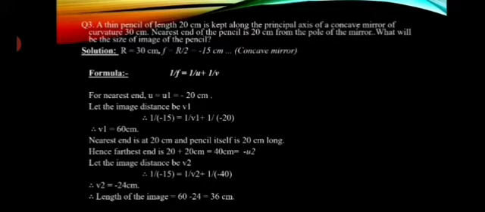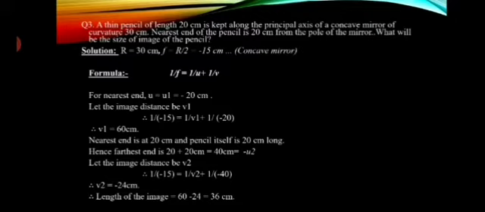So here we calculate f from the radius of curvature using the previously discussed formula, that is half of the radius of curvature with a negative sign. So f comes to be minus 15 centimeter. Now for the nearest end, we'll consider the object distance as u equal to u1.